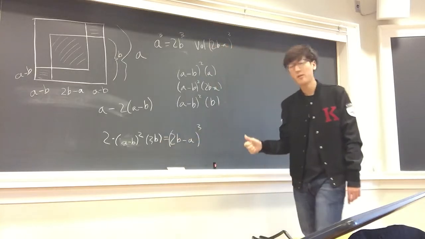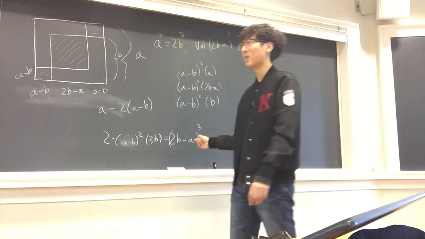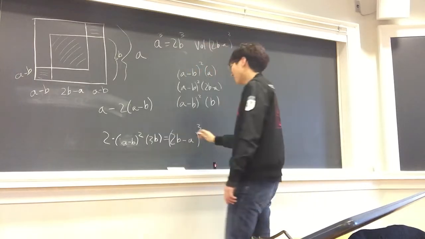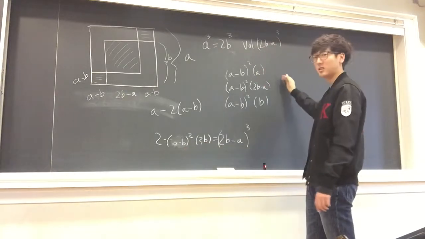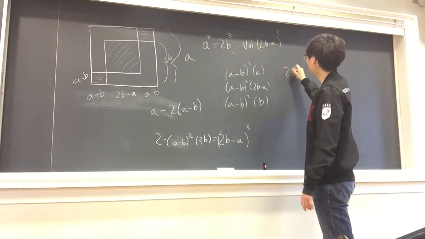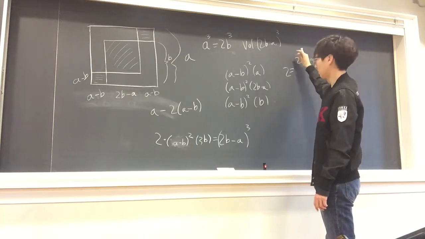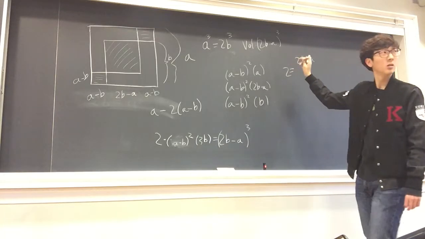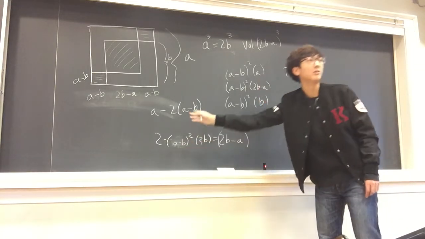Good so far? Okay, so this is where it gets slightly non-geometric. That's where the controversy comes in. So divide both sides by this, right? So just leaving 2 on the left side.